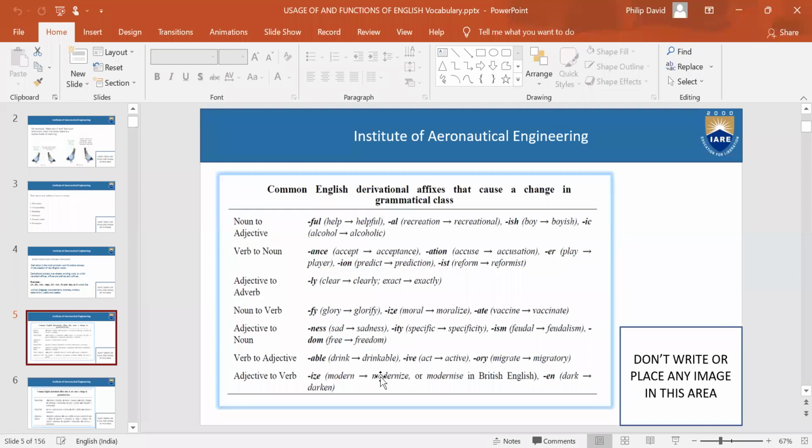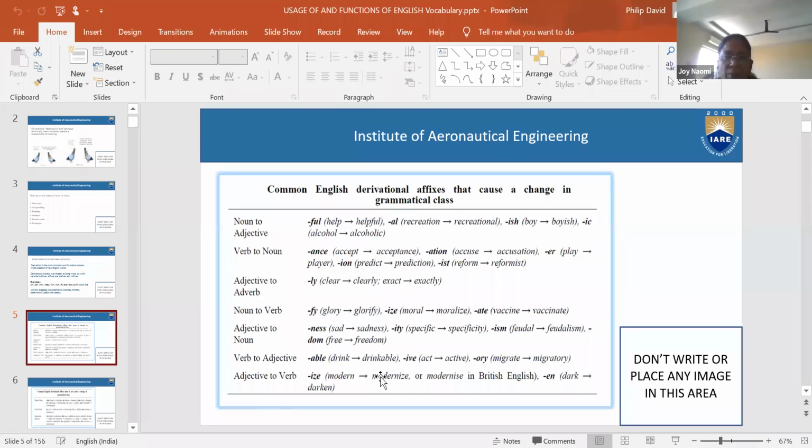Verb to noun. Accept, acceptance. Accuse, accusation. Play, player. Predict, prediction. Reform, reformist. We have seen how verbs get changed to nouns by the addition of a suffix.